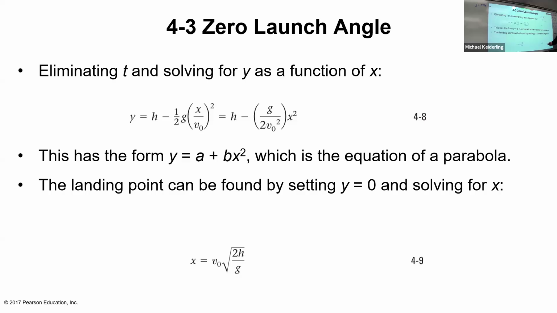And the square root of 2h over g is just the time it takes to fall from the height h. So if you fire something horizontally and drop something at the same time, they will hit the ground at the same time. They fall at the same rate. Any questions about that?